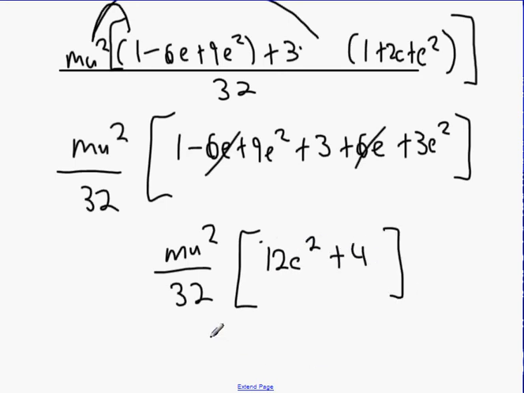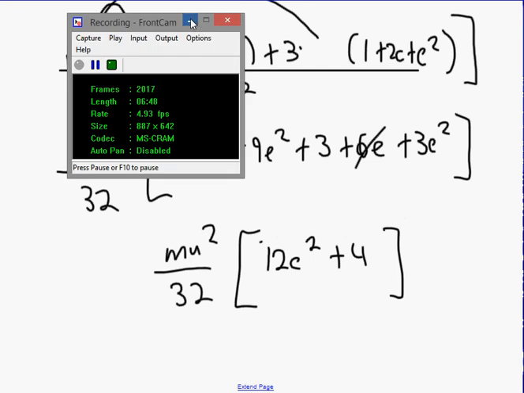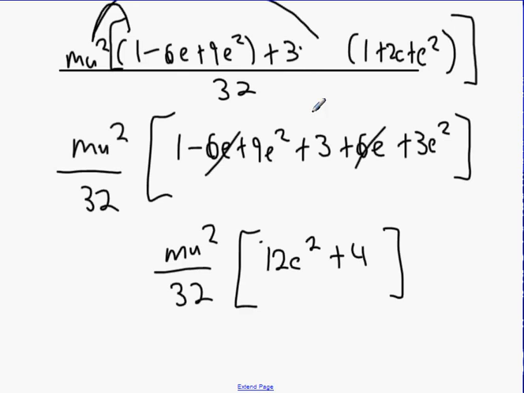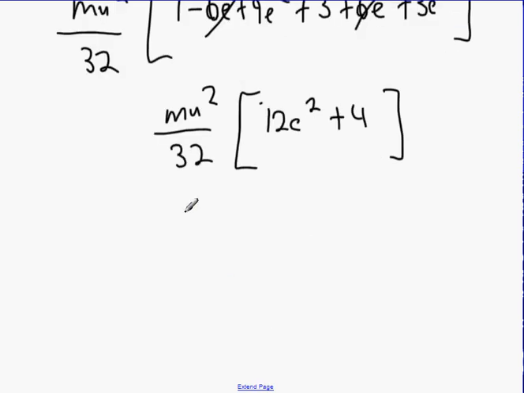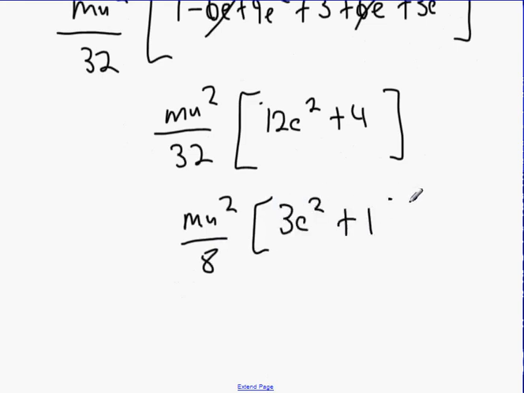Then you're going to divide by 4. Mu squared over 8 equals 3e squared plus 1.